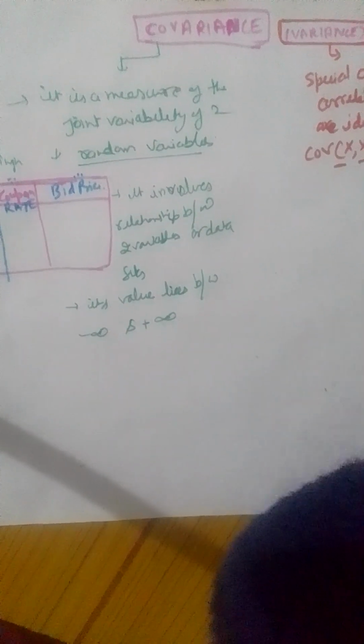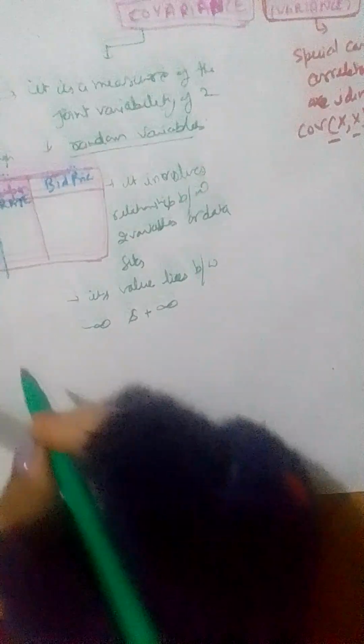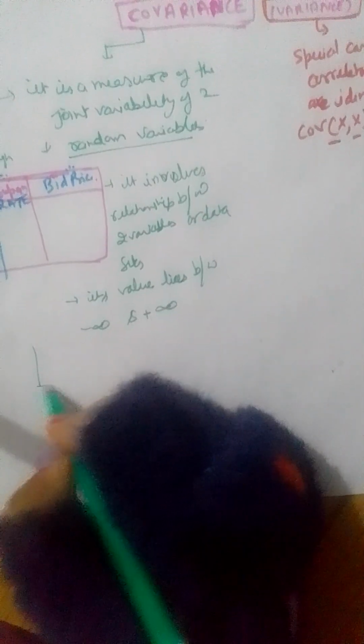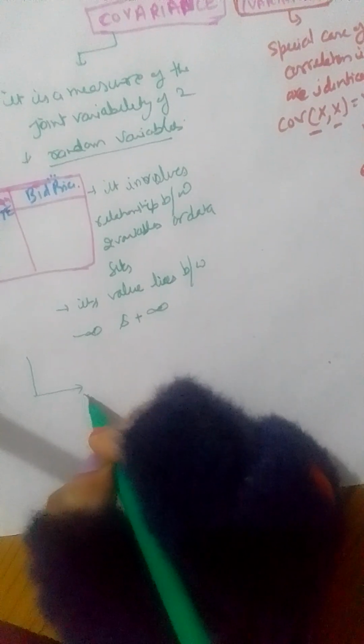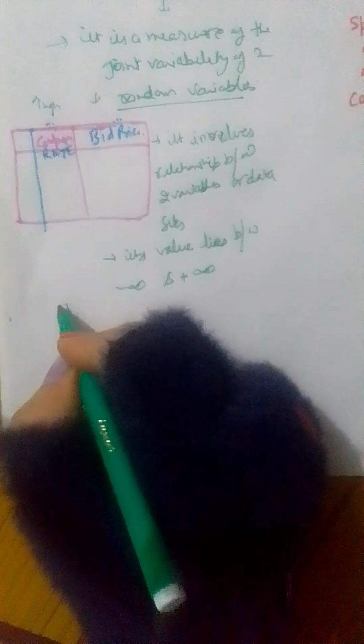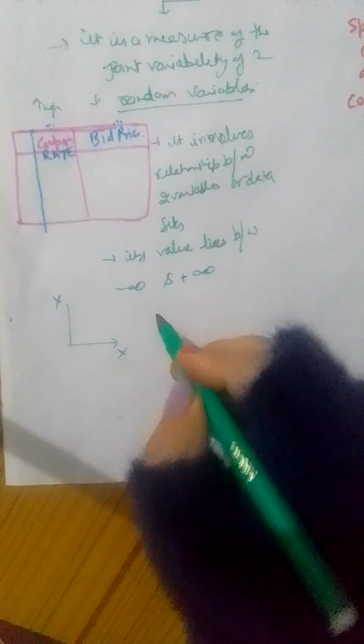What does that mean, minus infinity, plus infinity? Let's suppose after doing all this research, high and low, this is x, and in the diagram as it would come in data science, this is y.